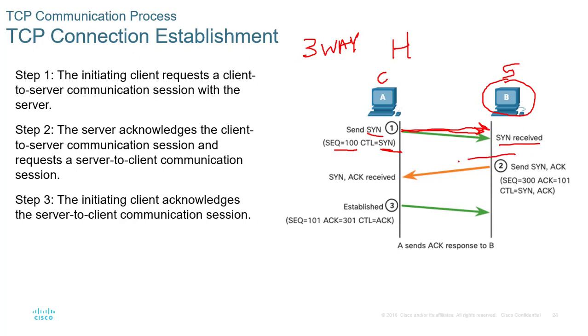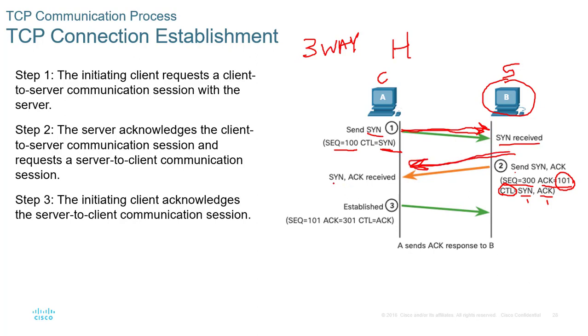It then talks back to the client and says, hey, I'm acknowledging your sequence number of 100, and I'm ready to receive byte 101. Now I'm going to send you my own sequence number starting at 300, and I've set the synchronization bit to 1, and I've set the acknowledgement bit in the control field to 1. So it acknowledges the synchronization from the client.